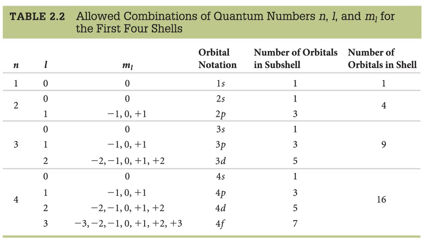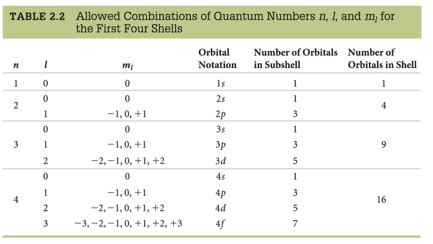This is table 2.2 from your book, that gives the n or shell number, and then l, the azimuthal quantum number, and m sub l, the magnetic quantum number. You can see in this table that if n is 1, then l must be 0, because l starts at 0 and goes up to n minus 1, which means that if n is 1, l can only be 0.